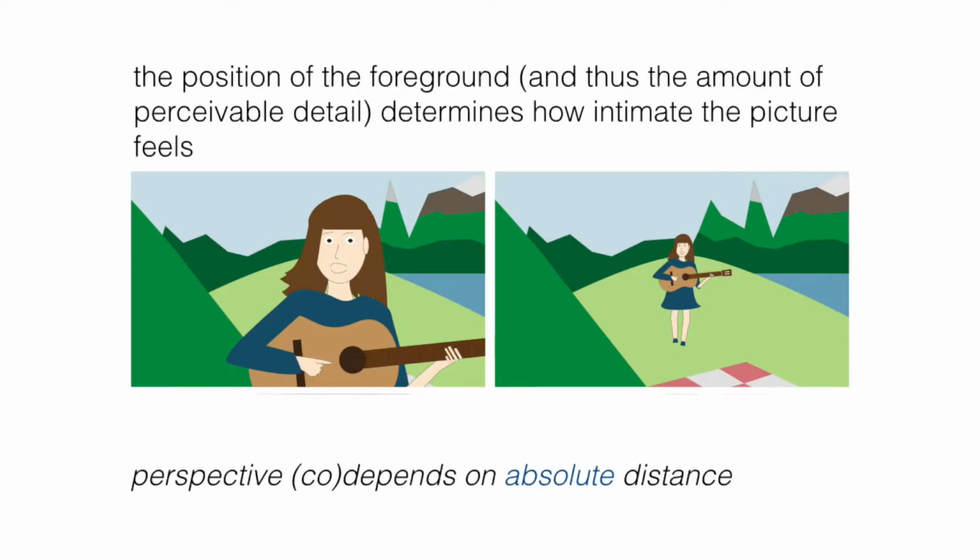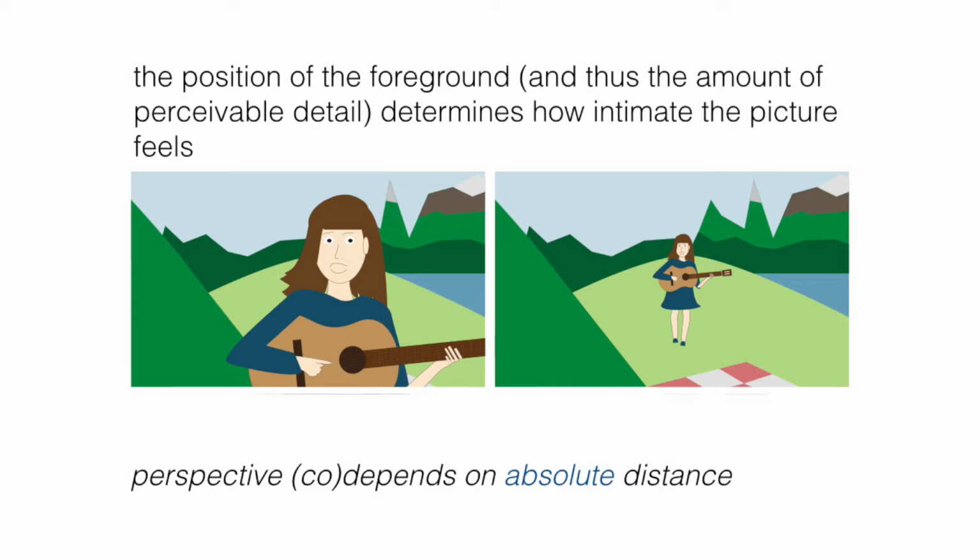While relative distances affect depth of field and the amount of transparency, like we just saw, there's another property of perspective, and that depends on absolute distance. So how close is the foreground element in an absolute sense to the listener? You can see in these images that the left one feels more intimate than the right one, and this is due only to the fact that the singer is closer in the left image than in the right image. The closeness is mainly a feature of the amount of perceivable detail.